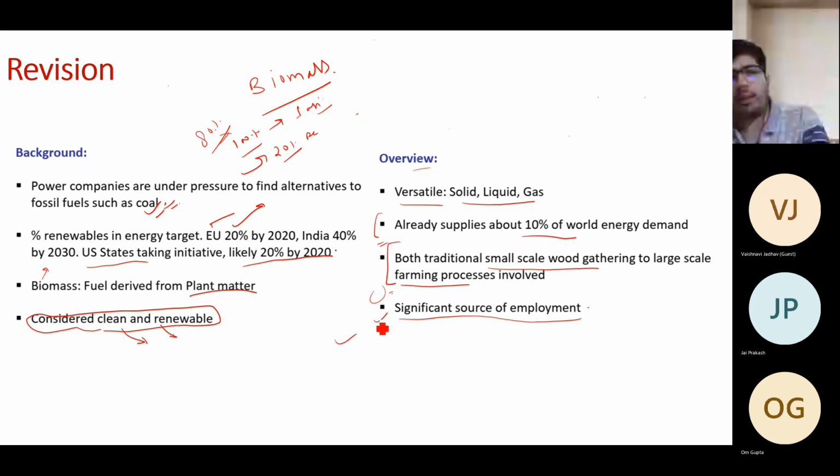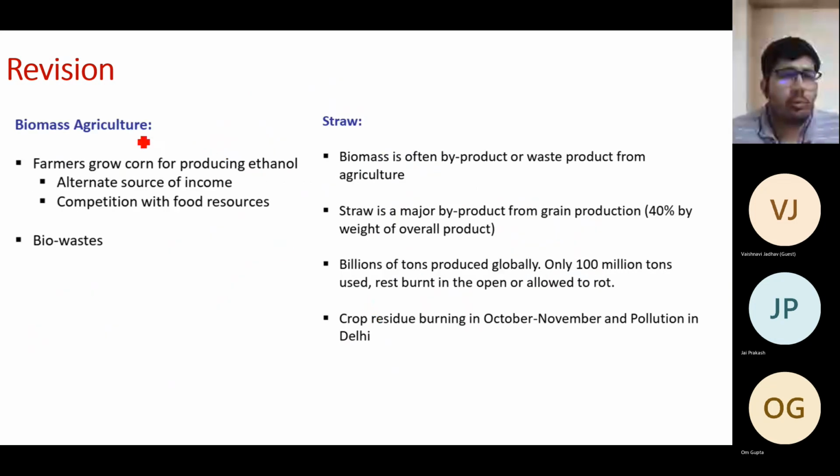So let's see how we can generate it. Biomass agriculture is also very important. Farmers grow corn for producing ethanol, because by using some process we can generate ethanol from corn. They are growing corn not for the food supply but for ethanol production, because they get maybe more price when selling to the companies that generate ethanol.